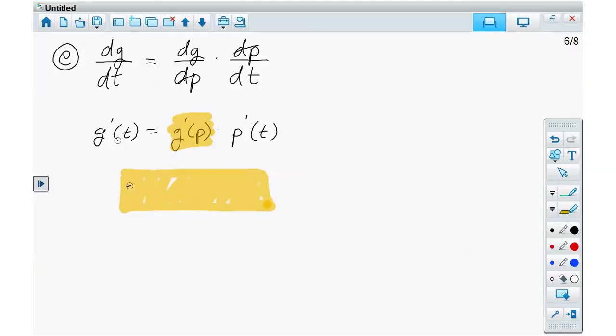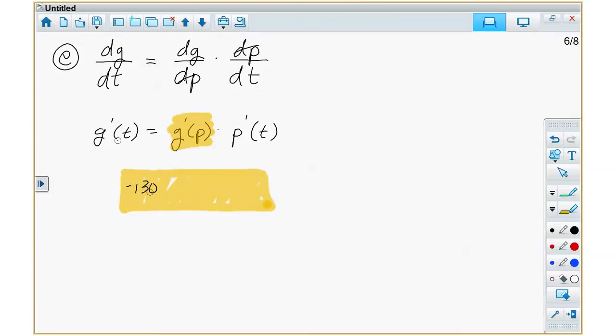G prime of P is negative 130... Oh, I'm going backwards. I'm sorry. You're right, both of you are right, hold on. That was what we did earlier. Is it 2 minus 0.003 p squared? Yes.